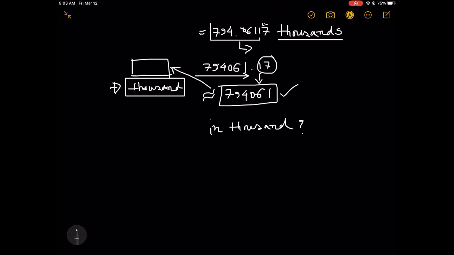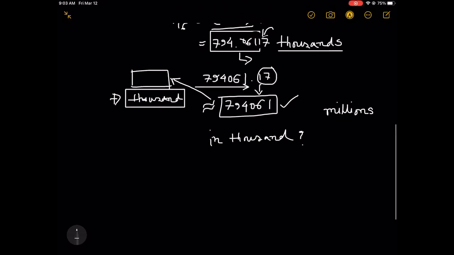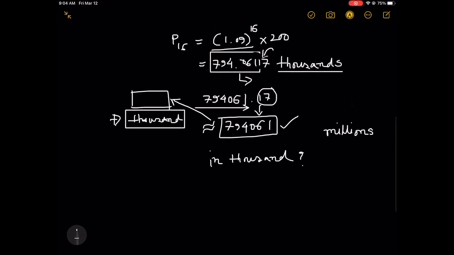Whether it asks you to write it in thousands, it may even say write it in millions, right? So you need to check which unit they want you to write for the particular problem.